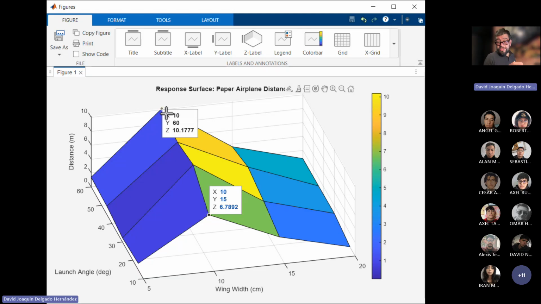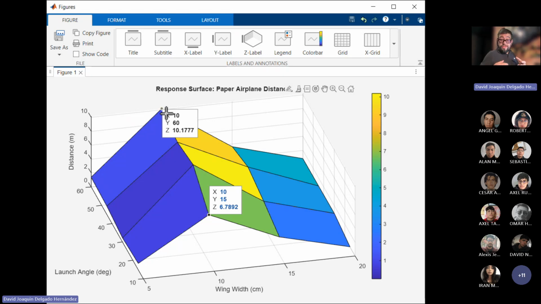So the best combination in this second experiment with more data, with more different airplanes, it is when you have 10 centimeters in the wing width and you have an angle of 60 degrees, okay? That is the best because you can reach 10.17 meters of distance, okay?